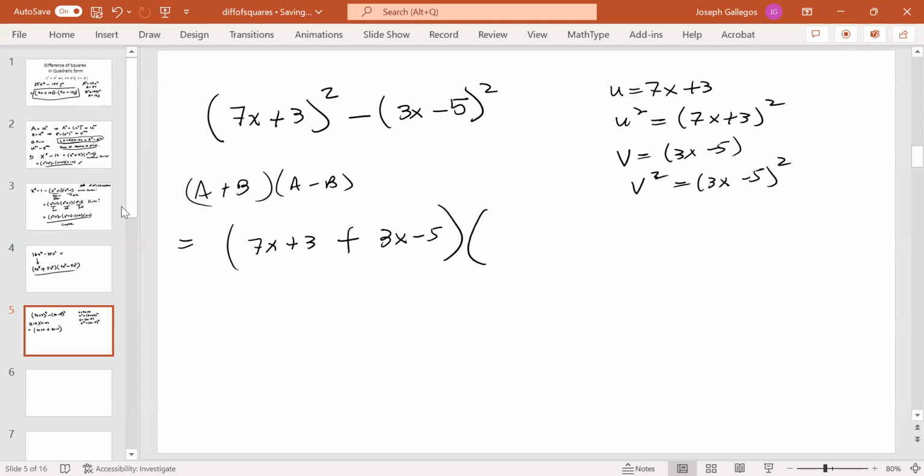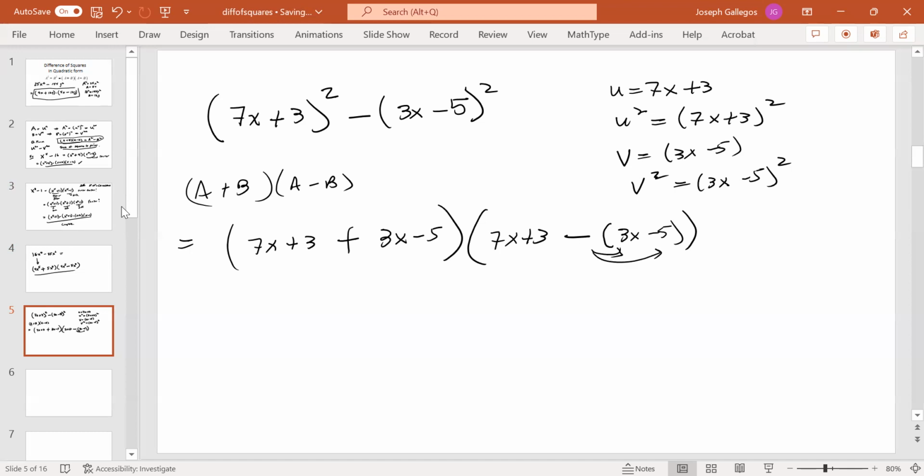And now the second set of parentheses would have a, which is 7x plus 3, and then minus, and this time we have to be careful. When we subtract more than one term, we want to make sure we indicate that by putting a second set of parentheses in there. So minus parenthesis, and the b term would be 3x minus 5. And so since we're subtracting more than one term, we need to use the distributive property on that minus sign in the second set.